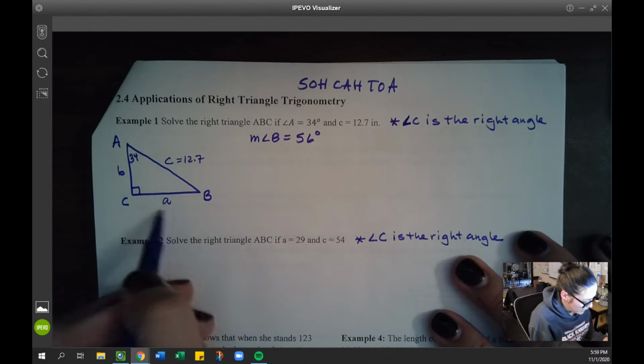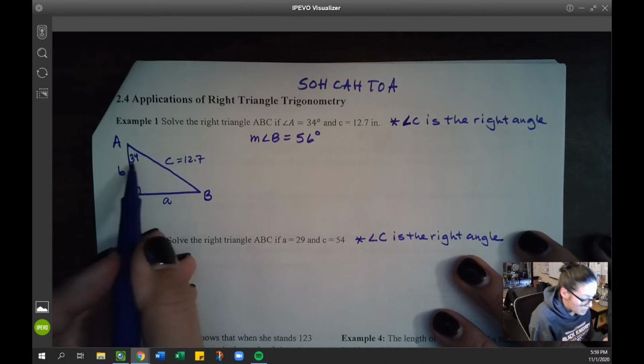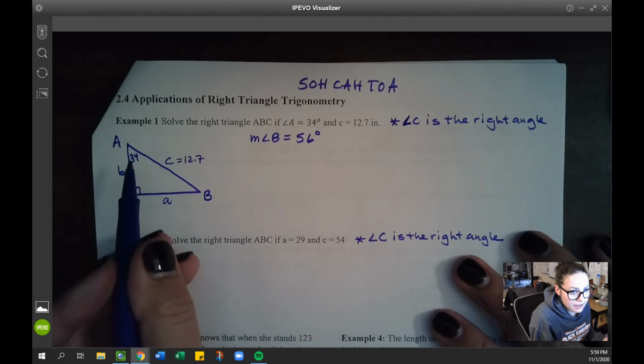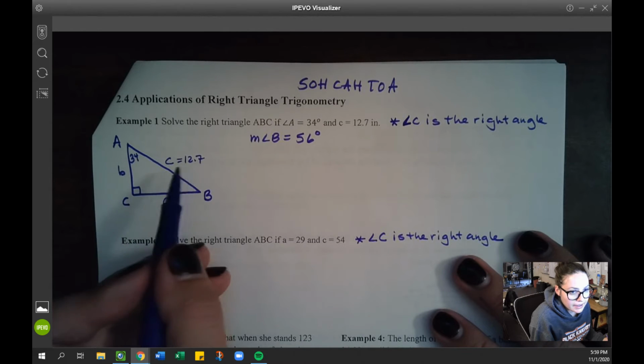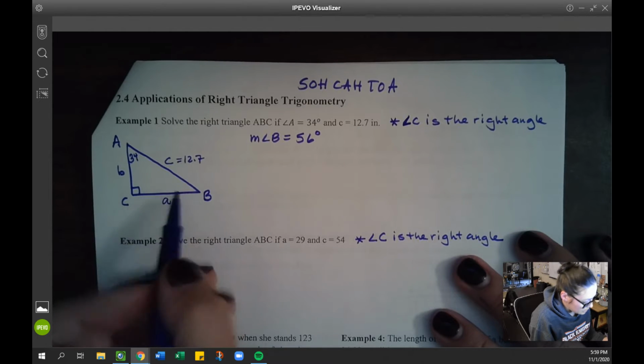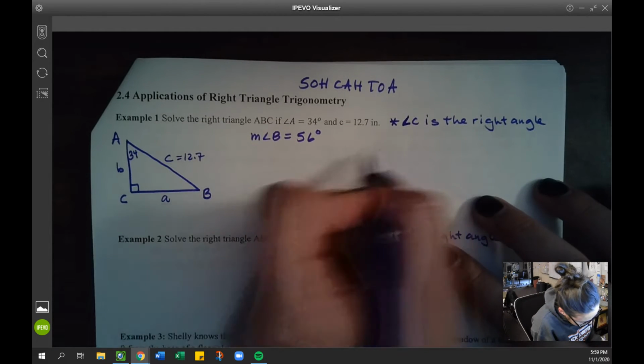But let's find side length a. So I'm going to use the measure of angle A that I know, and a is the opposite leg of angle A, and c, which is the one side length I do know, is the hypotenuse. So opposite and hypotenuse means I'm going to use sine.